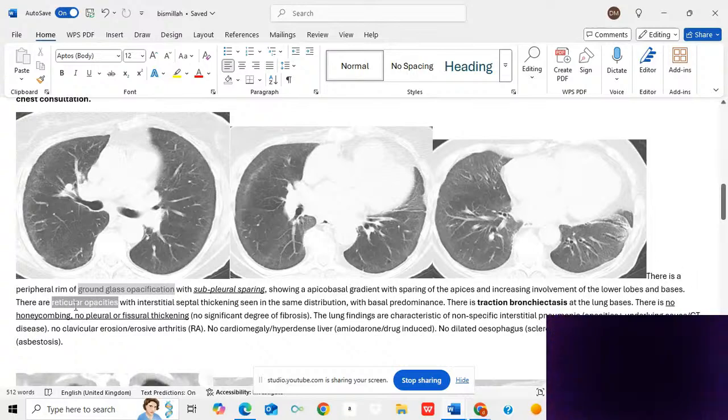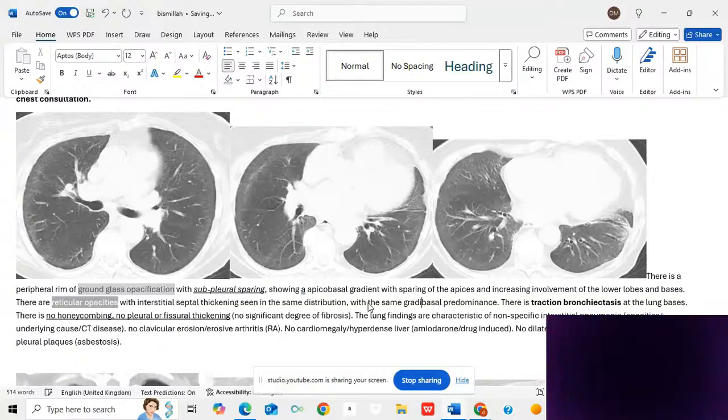Also, there are reticular opacities with interstitial septal thickening seen in the same distribution as I mentioned, with the same gradient, which is basal predominance.